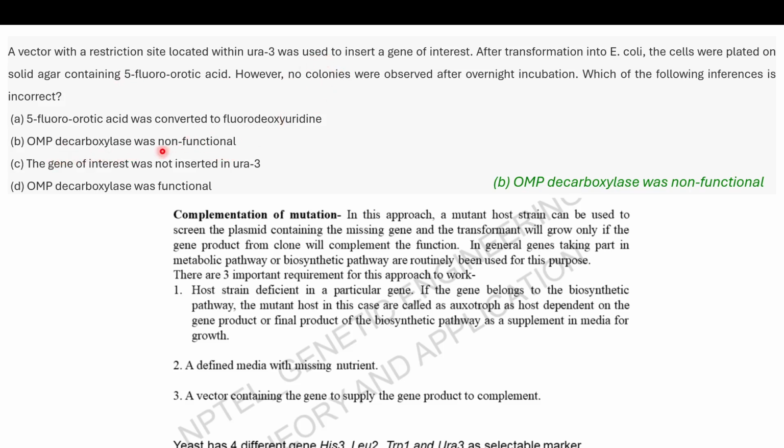If the gene of interest has not been inserted into the wild type gene, then functional decarboxylase is produced, forming the toxic product and not allowing colonies to form. So the answer is option B out of these four, because we were asked which is the incorrect option.